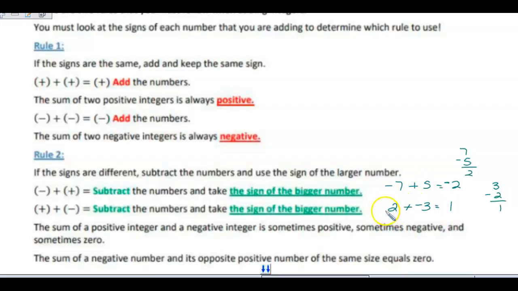I have 2 positives and 3 negatives. Well, 3 negatives is more than 2 positives, so my answer is going to be a -1. The sum of the positive and negative integers is sometimes positive, sometimes negative, and sometimes it's 0, as we saw in our earlier example. The sum of a number and its opposite is always going to be 0.